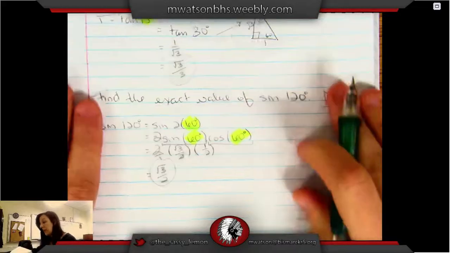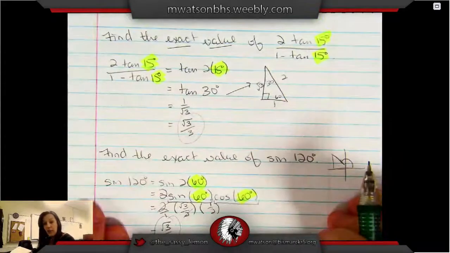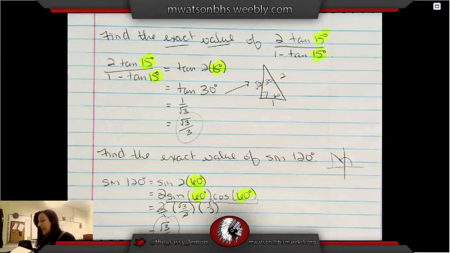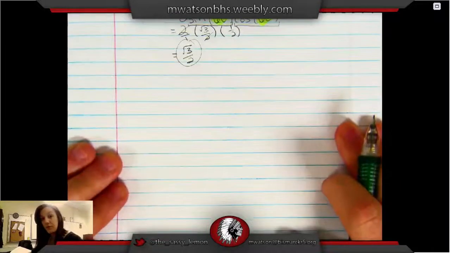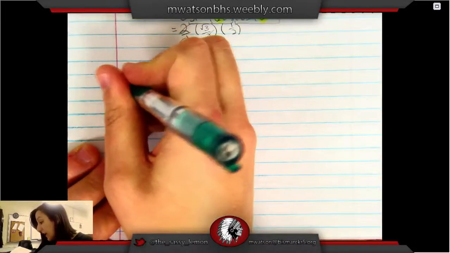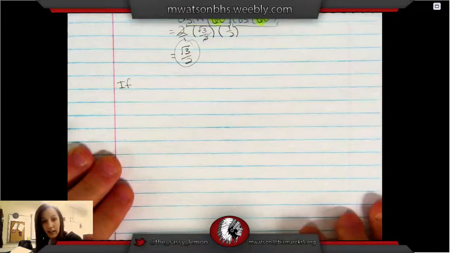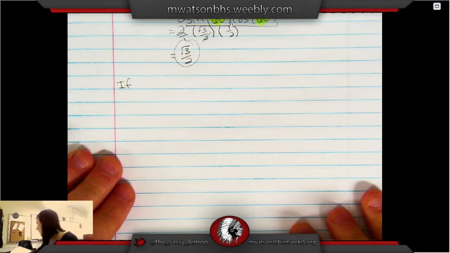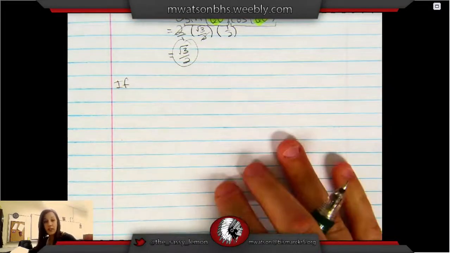So these are both evaluating, finding an exact value, but there is another type of question here, and that is verifying identities as well, but I'm not going to do one in this video. So in the next video, I'll do the third type of question.